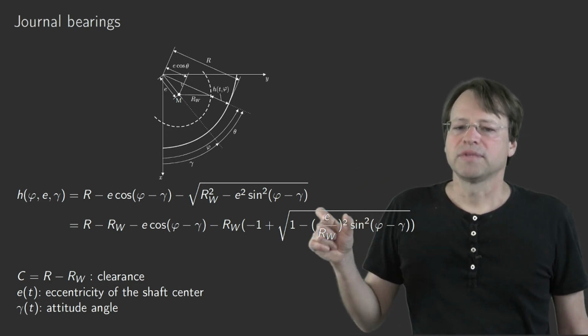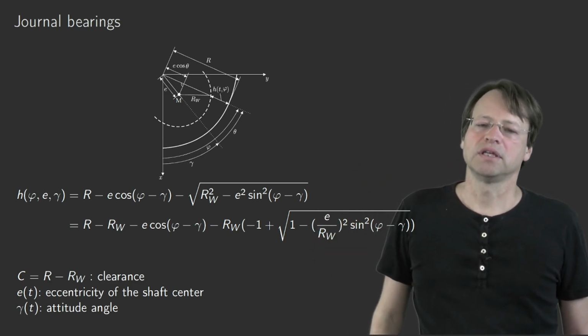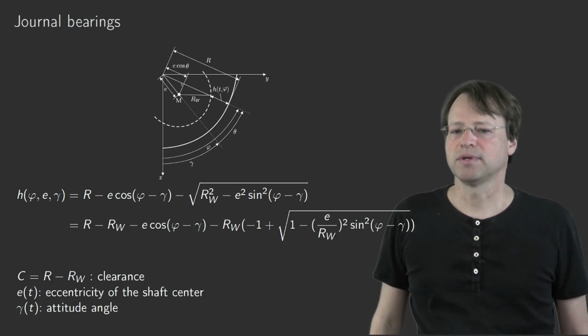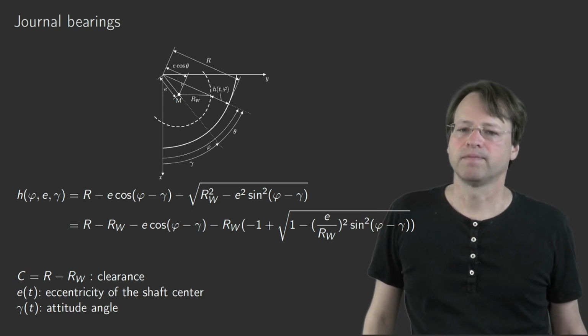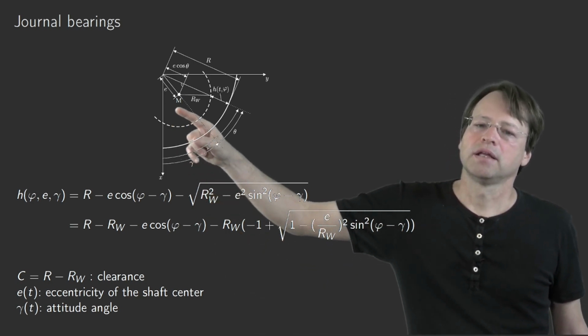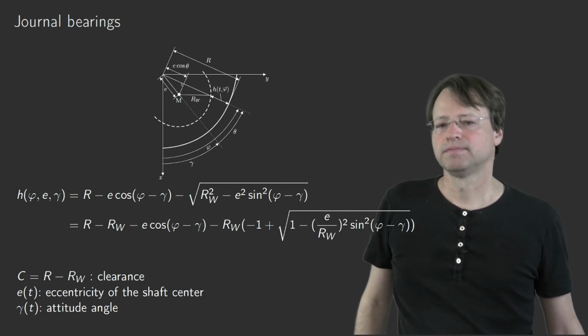Why do I want to obtain this result with the e divided by R sub W squared? If you compare the magnitude of these two terms, then again, the displacement e is limited.